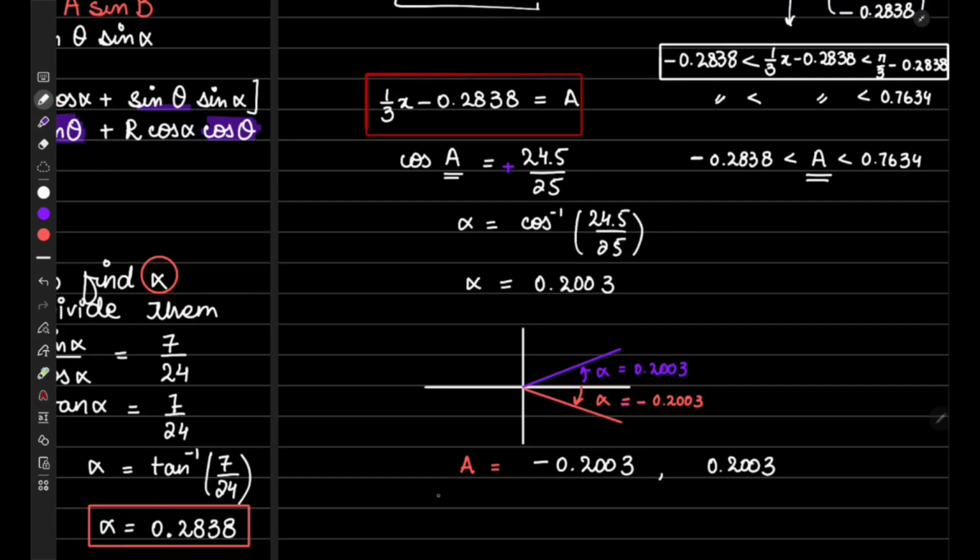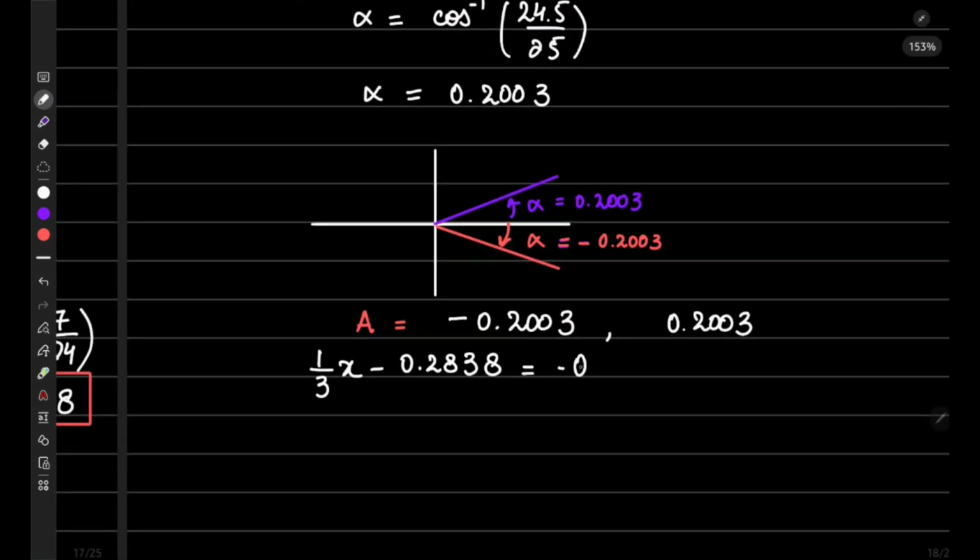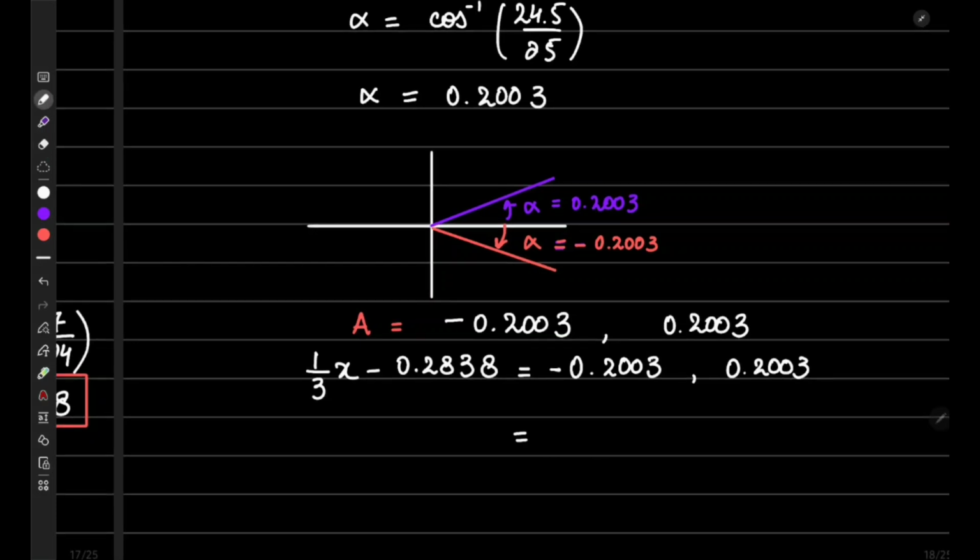So you're taking this back: A was equal to 1 by 3x minus 0.2838, equals this. Now you will add 0.2838 to both of these angles. I'm not showing the addition, just writing it directly.